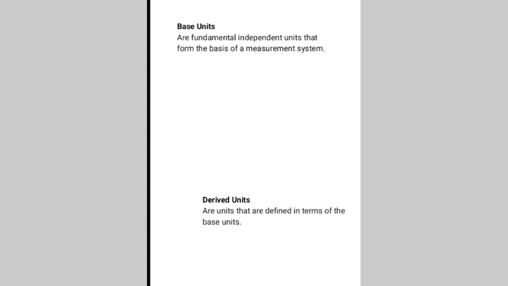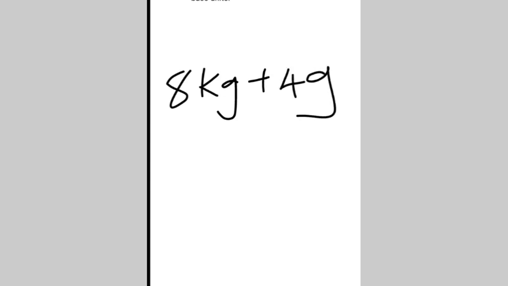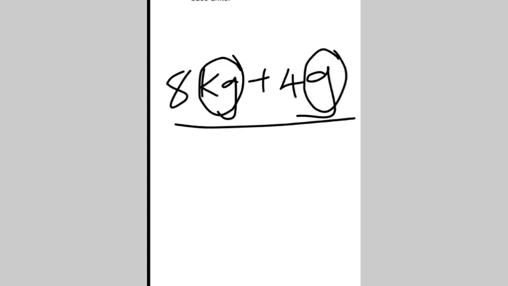In order to add or subtract quantities, they should have the same units. For example, we cannot add 8 kilogram with 4 gram. Why? Because these do not have the same units. Units are different. So these cannot be added.